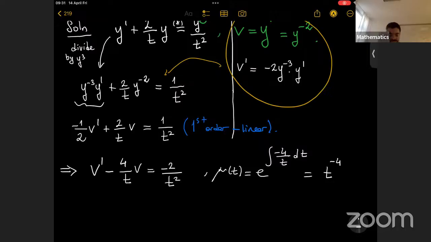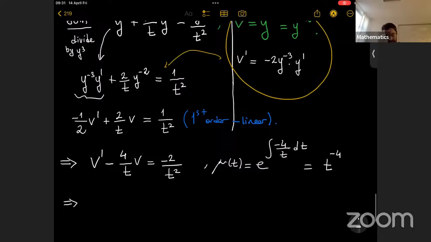Okay, so this implies t to the minus 4 times v is equal to minus 2 t to the minus 6.